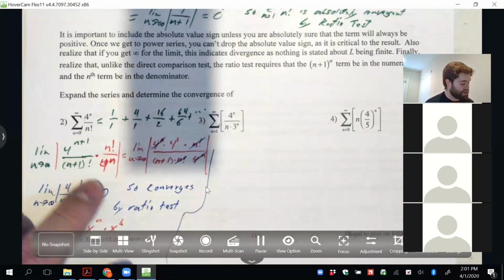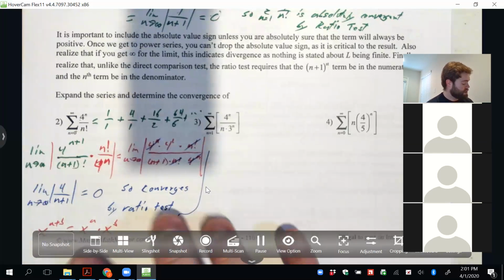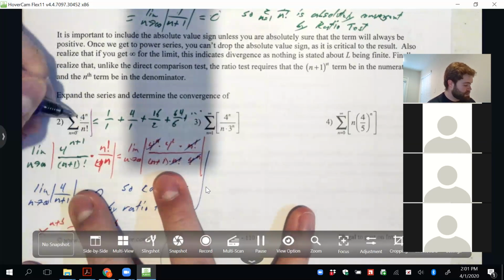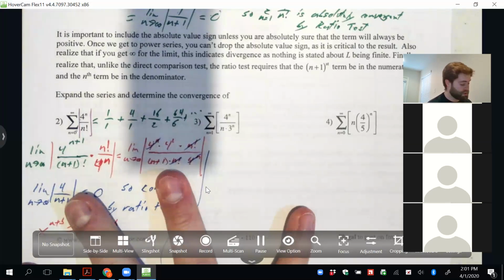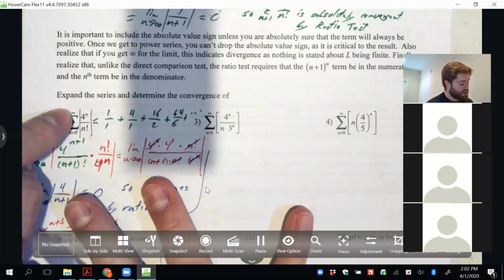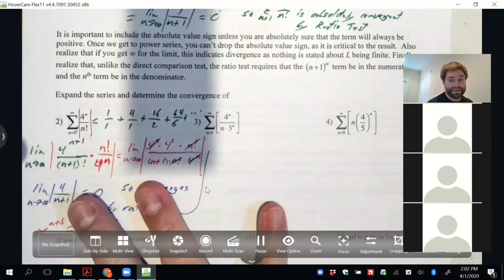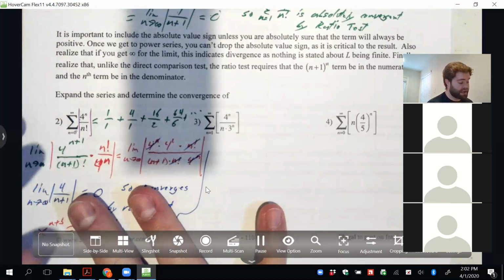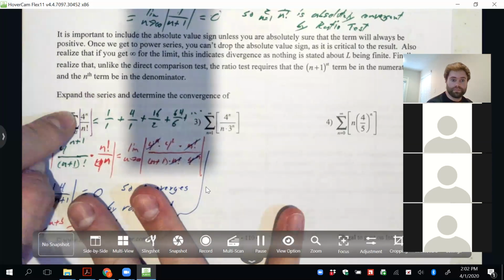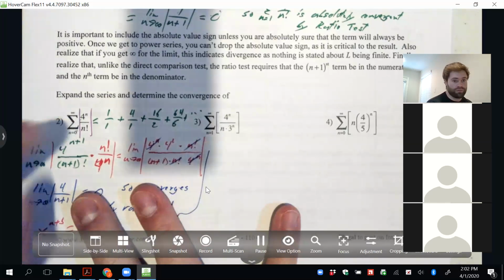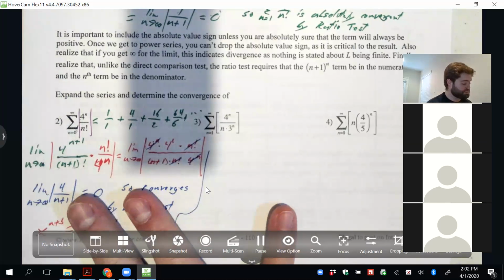Because this would absolutely converge, because what happens if I throw an absolute value sign on there? Nothing, right? Because there's no negatives. So the only time you would definitely need to have the word absolutely is if there's negatives involved, to show that it's still going to converge even with the absolute value sign.